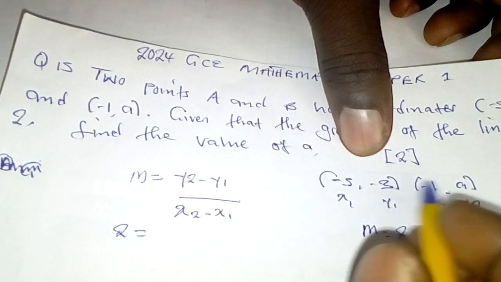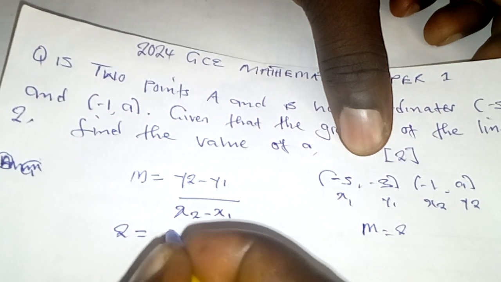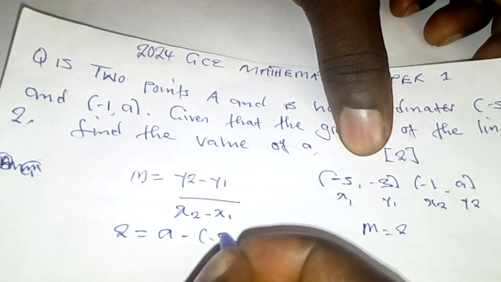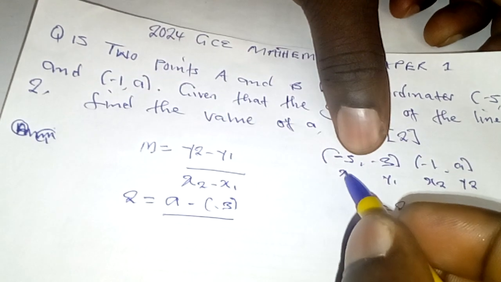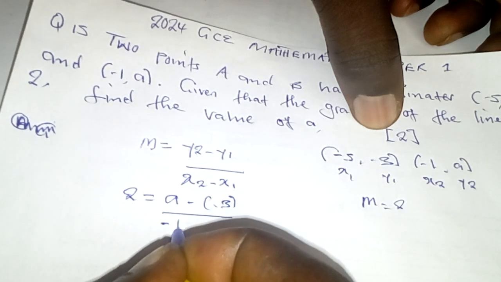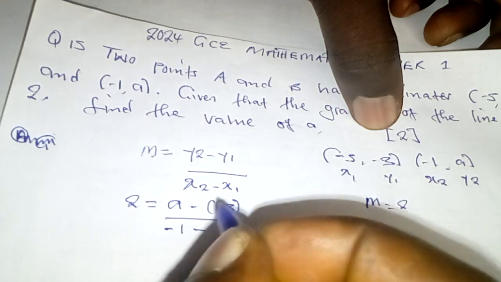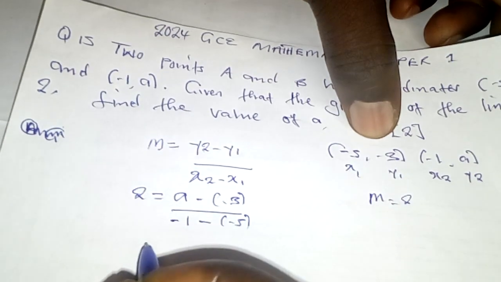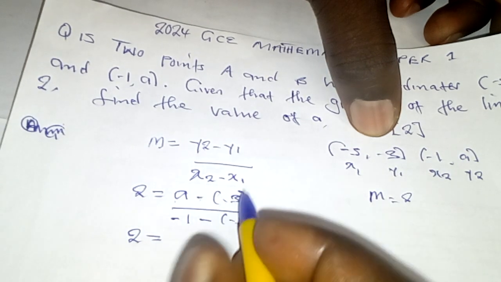y2 minus y1. What is our y2 from these coordinates? y2 is a, minus y1, which is -3, divided by x2 minus x1. Our x2 is -1 minus our x1, which is -5. So when we evaluate this, 2 equals a minus -3.